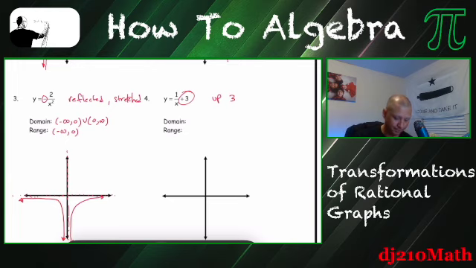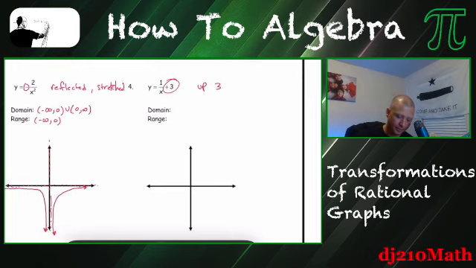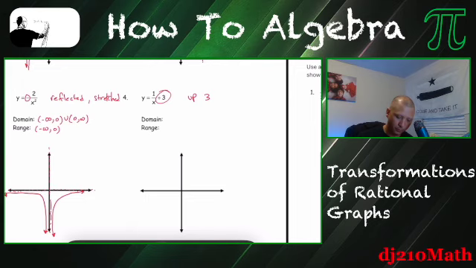Okay, we're going to shift up 3. And nothing left and right. No movement. Okay, it's 1 over x. It's already burnt into my mind on which side.